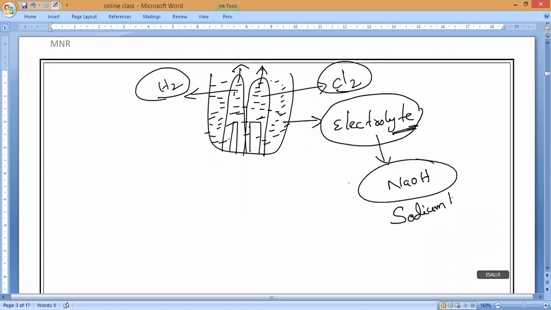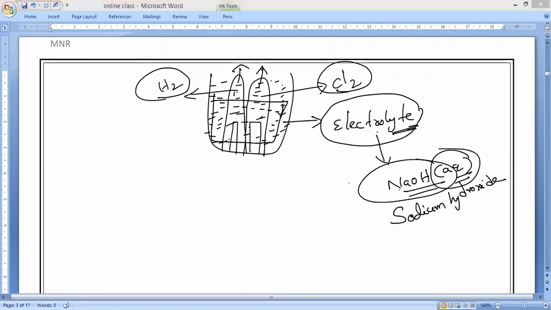Whatever liquid is present in this container, that electrolyte we can say is sodium hydroxide, which is in the aqueous state. Clear, everyone? You have to remember that. So NaOH will be collected in this container, hydrogen in one tube and chlorine in another tube.